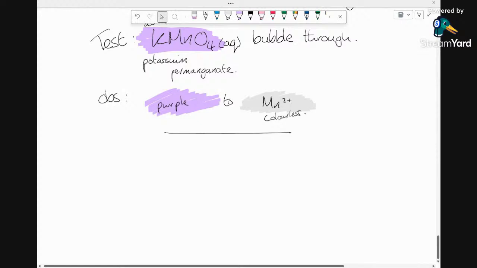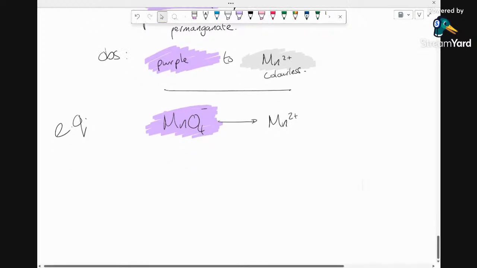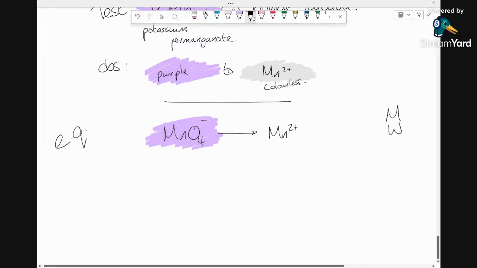Oh, shall I? Yeah, okay. Just for fun, they have done it. Equations. MnO4 minus, purple, is going to Mn2+. I'm going to do this properly, this will be a bit hardcore, really. We can balance the half equation using MOWE. We saw MOWE in a previous video: metal, water, acid, electrons. The metal is manganese, already balanced.